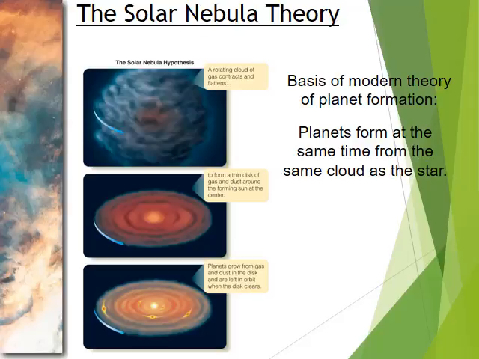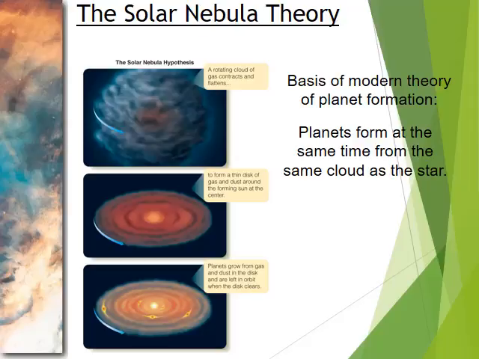For example, as we're going to learn later in this chapter, all the planets orbit the sun in the same direction, counterclockwise when viewed from above. That's a fact. Now, how would you explain that? You explain it by the solar nebula theory. So a theory in science is an explanatory framework. It explains a lot of facts and observations, data.